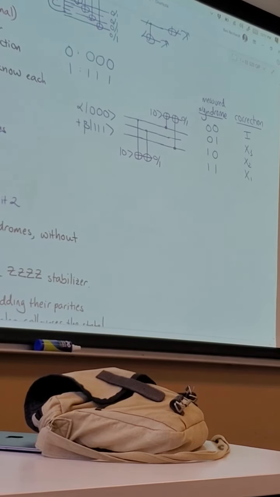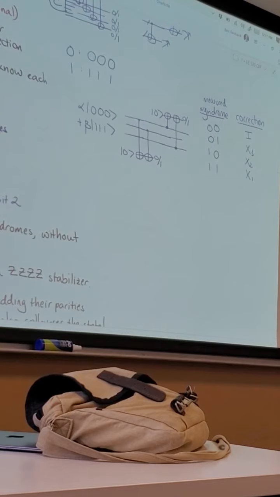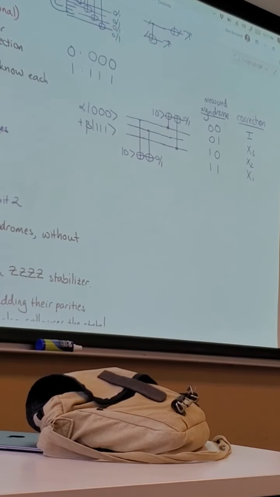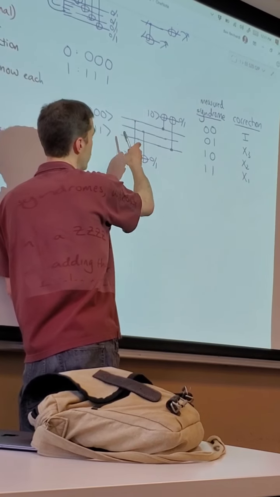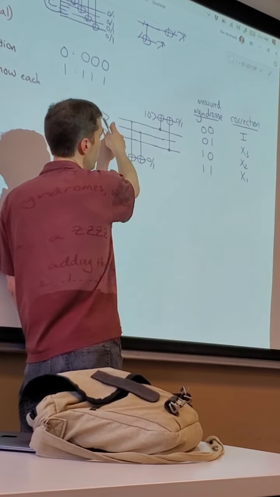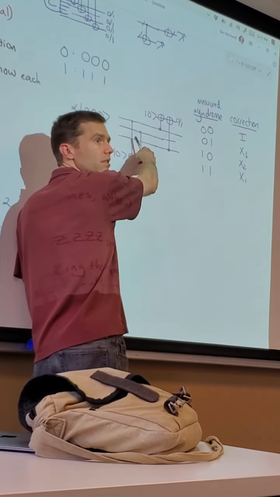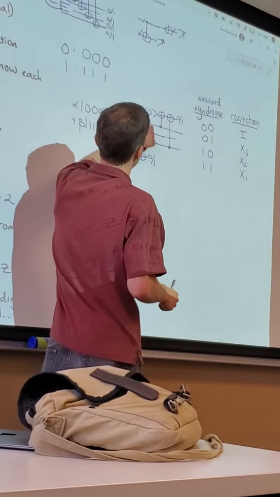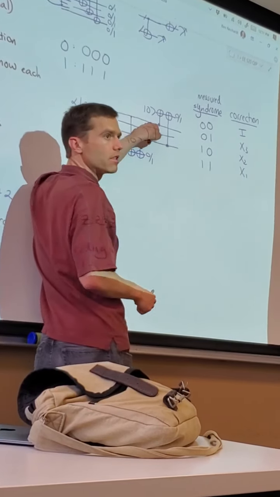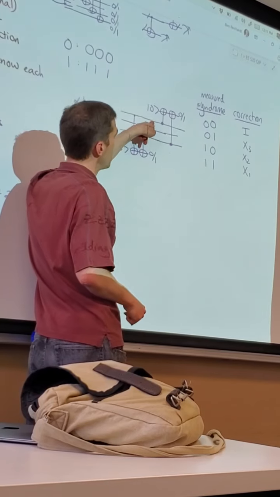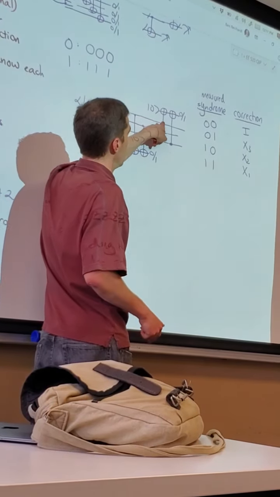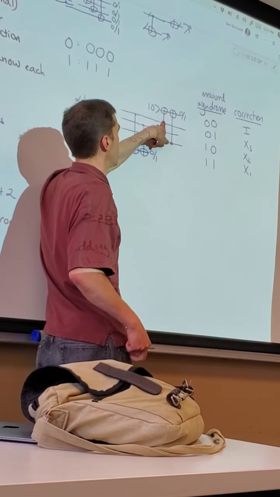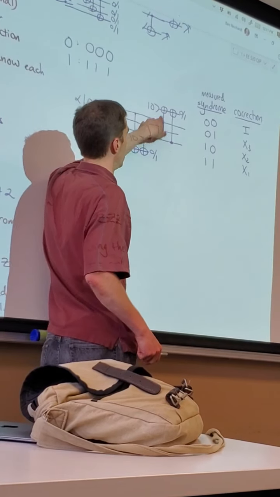All right, but unfortunately this is still not fault tolerant. The reason is that we're not just worried about X errors on the input, we're worried about what if there's no error here, but an X error occurs in the middle. So for example, if an X error occurs here, on the first qubit in between, the syndrome we measure is going to be 0, because we haven't seen anything yet, 1, because it anti-commutes with this parity check.